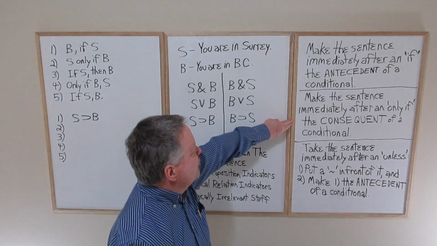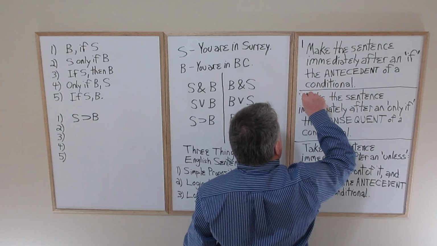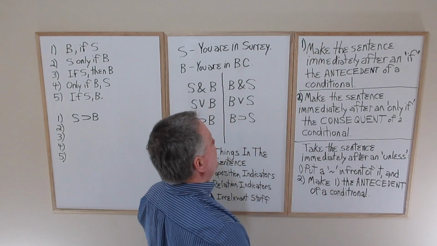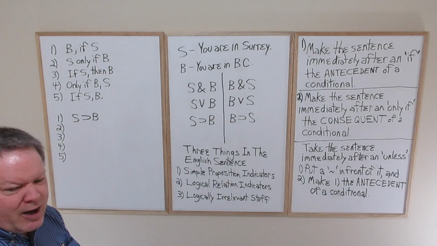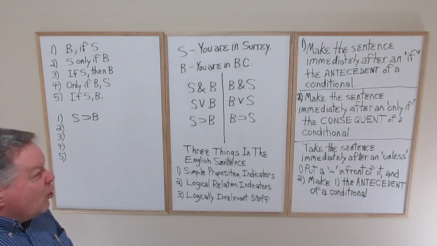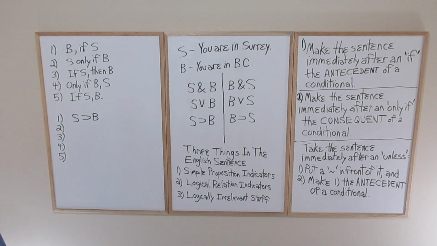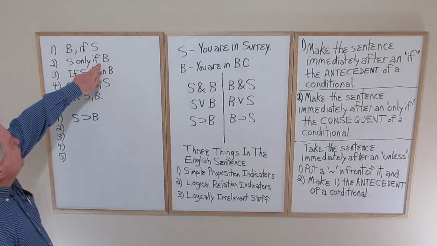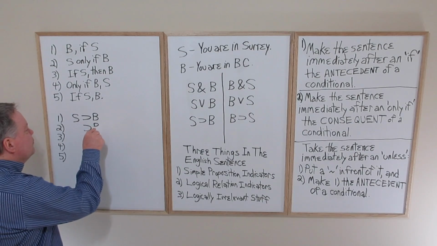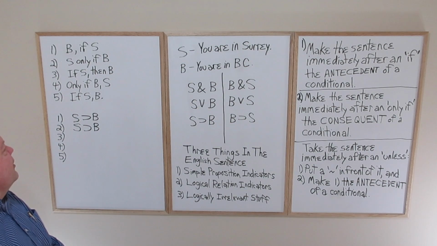So here we use the second principle. It might be helpful to number these. This is principle 1. This is principle 2. The second principle says, make the sentence immediately after an only if not the antecedent, but the consequent of a conditional. So what comes immediately after the only if? You're in British Columbia. The other part, you're in Surrey, goes there.